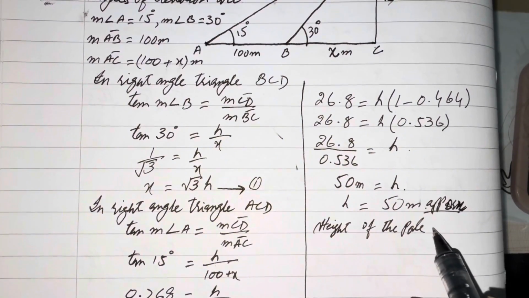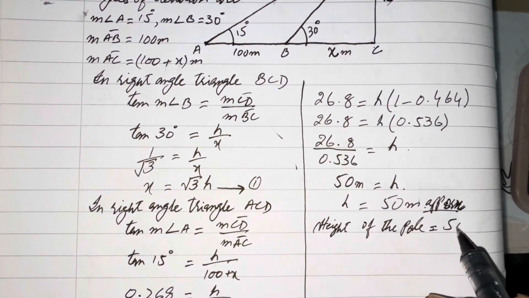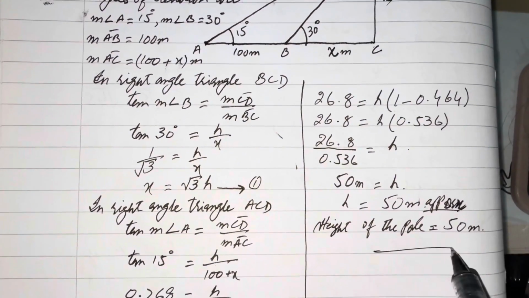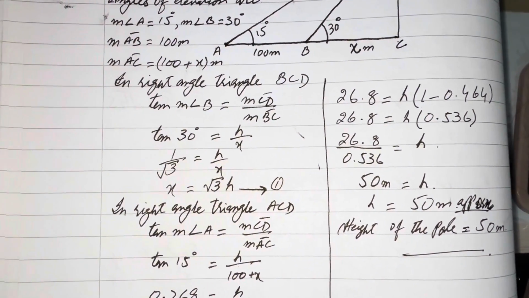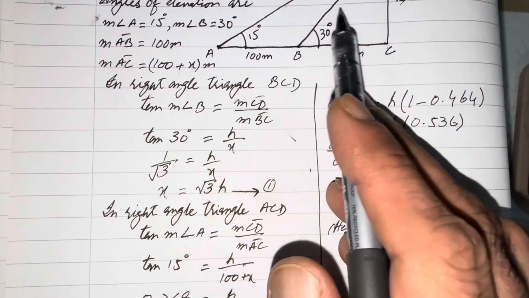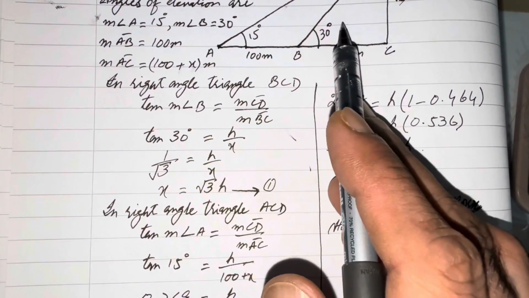The height of the pole will be equal to 50 meters. So that's how we can find the height of the pole by using these two right angle triangles.